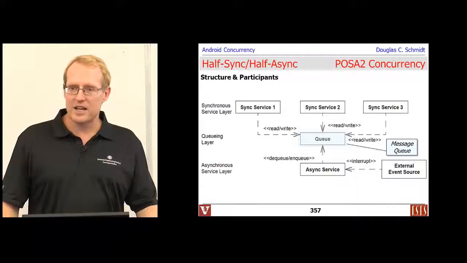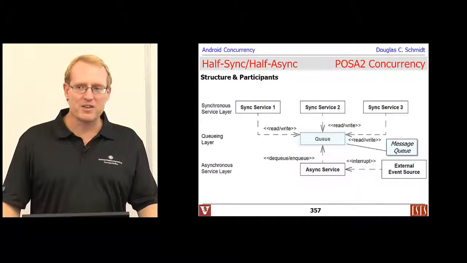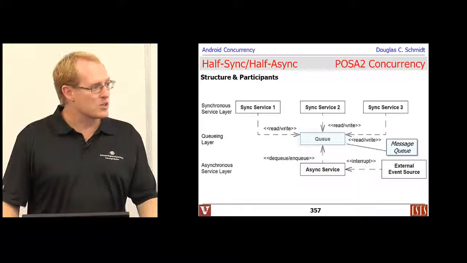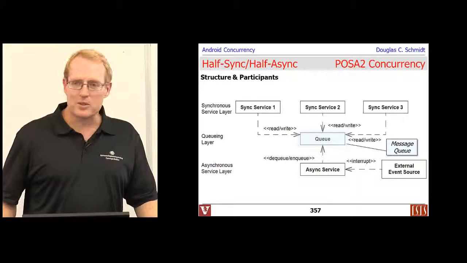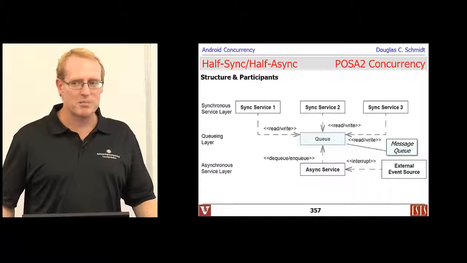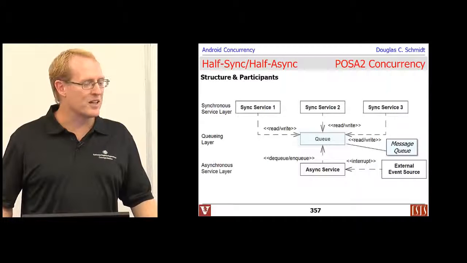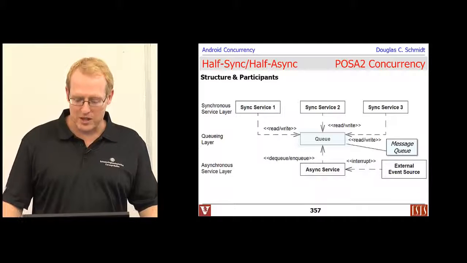And 99 times out of 100, or probably 99.999% of the times out of 100, that queue is a so-called synchronized queue. So all the stuff that we've been talking about with regard to monitor objects and bounded buffers and buffer queues and blocking queues and all that kind of stuff, that's the kind of queue that we're talking about here.